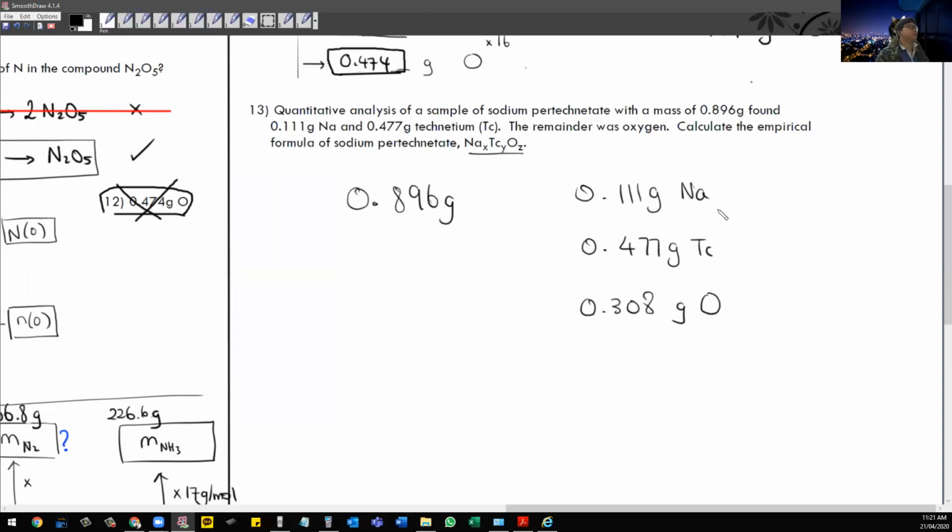Okay. Now let's divide each mass by the molar mass. Molar mass of sodium, molar mass of technetium, molar mass of oxygen. So Mihar, you do this one, and Soumya, you can do this one.